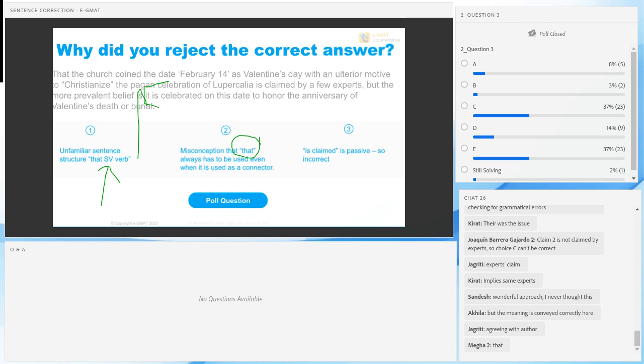Then the other reason over here is claimed. It's a passive voice. So whenever students see passive voice, they outrightly reject the choice without even thinking twice about it. No, passive voice is there for a reason. We should not be rejecting it unless it truly is wordy. In this case, that's not the case at all.